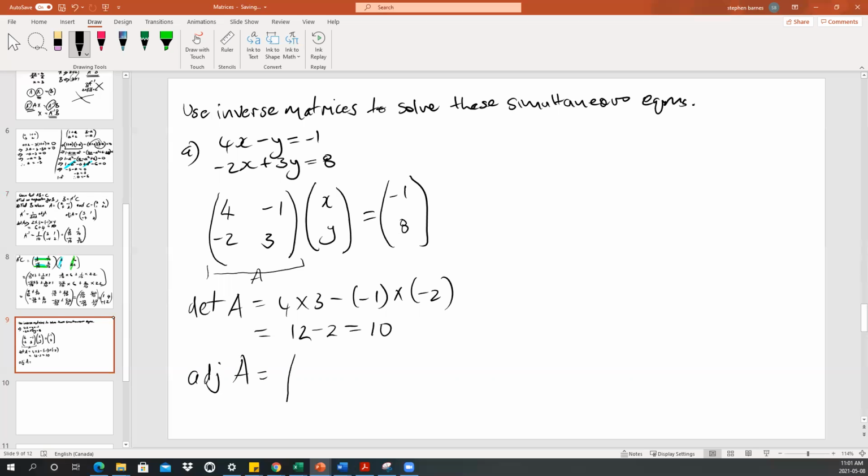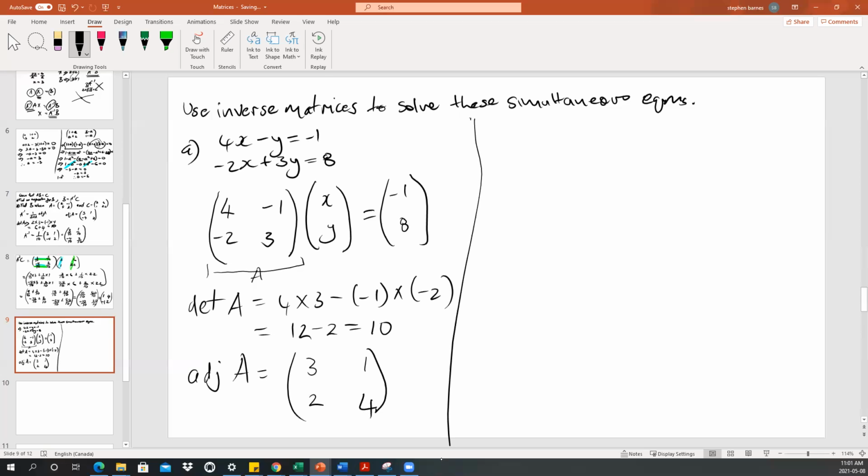The adjoint of A is just switching the places of this, what I call the leading diagonal, and then applying minus signs to the other diagonal, right? So negative and negative is positive. Just like that, you get the adjoint. So the final thing, the inverse of A. Let me see if I can divide this.